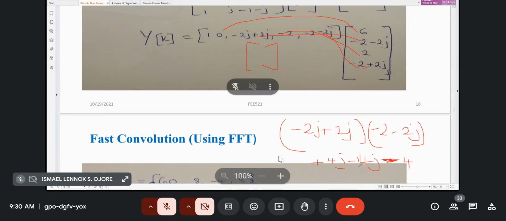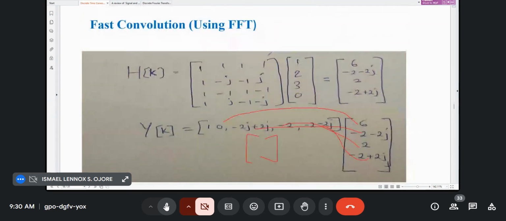How do you get that? This is plus, isn't it? Or something is wrong from here. This is minus, eh? That's why we went wrong.